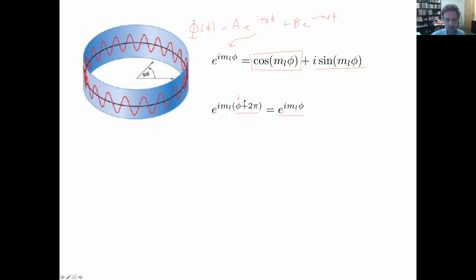It must be symmetric. The wave function must have the same amplitude if it goes around a full circle and meets up with itself again. That is a true boundary condition, because it's a condition I put on the solution of my wave function.